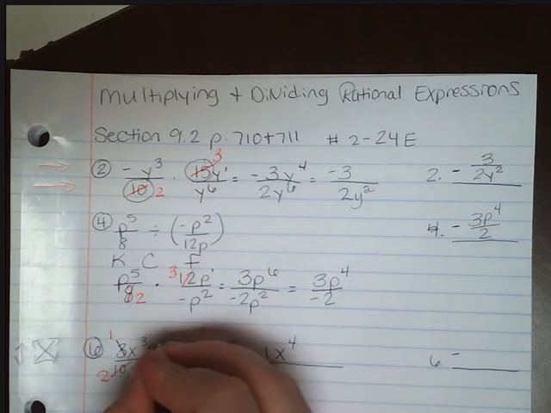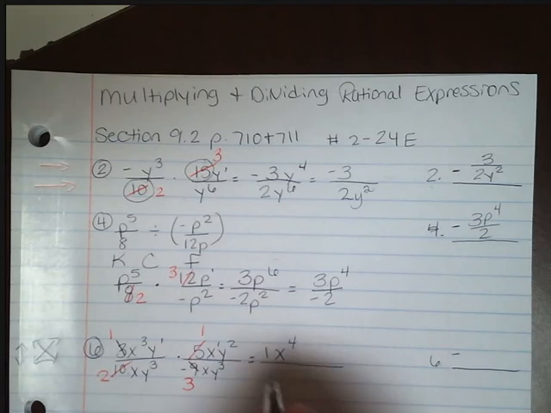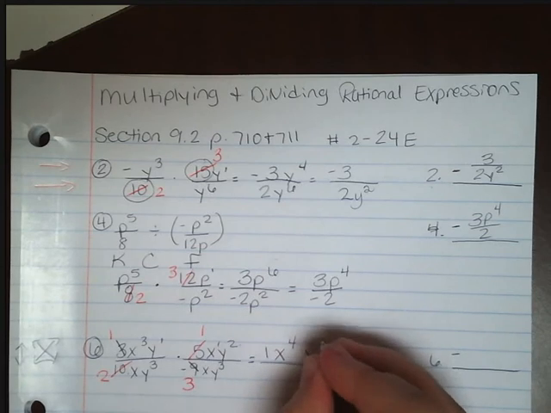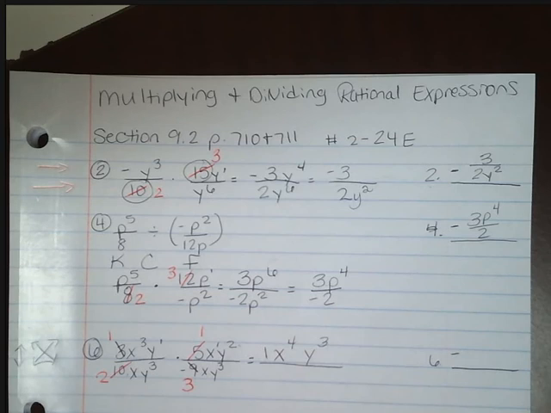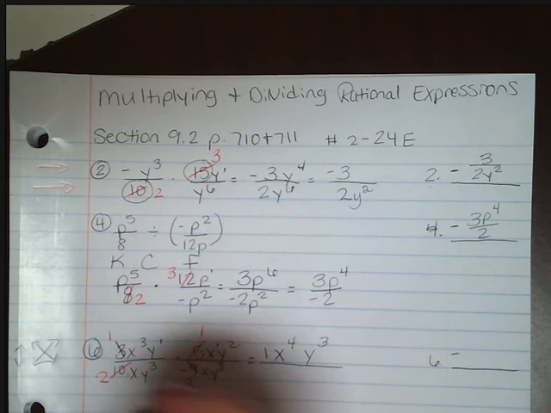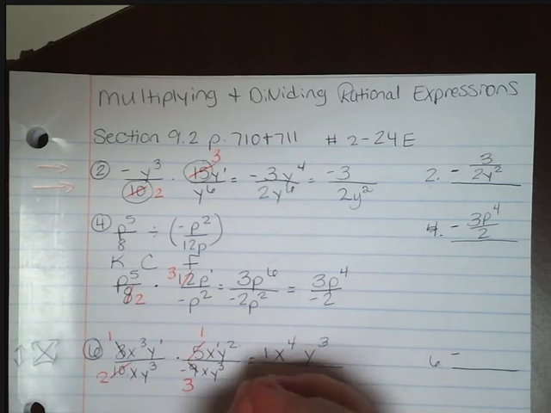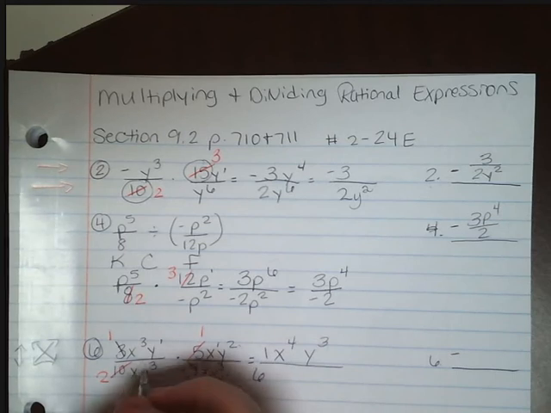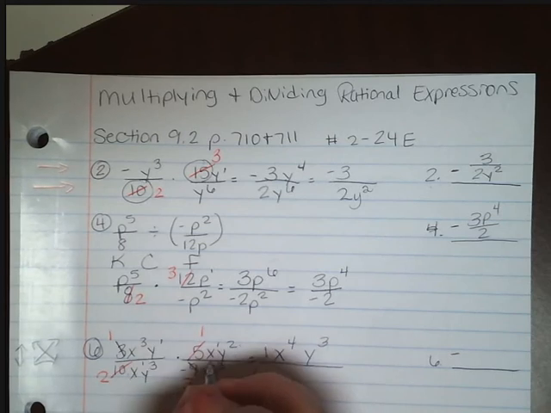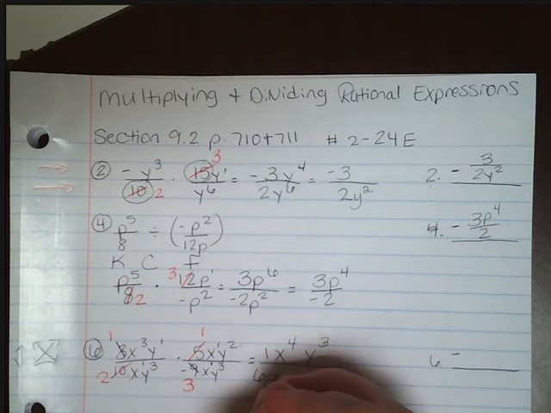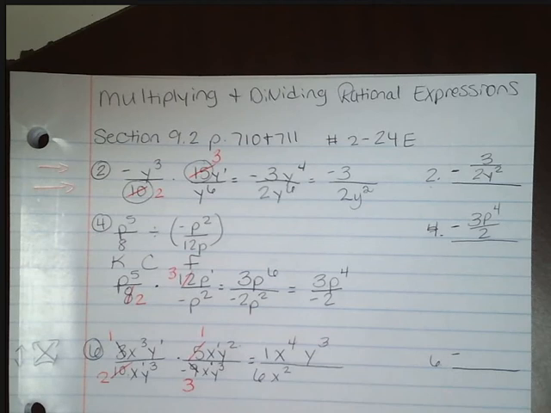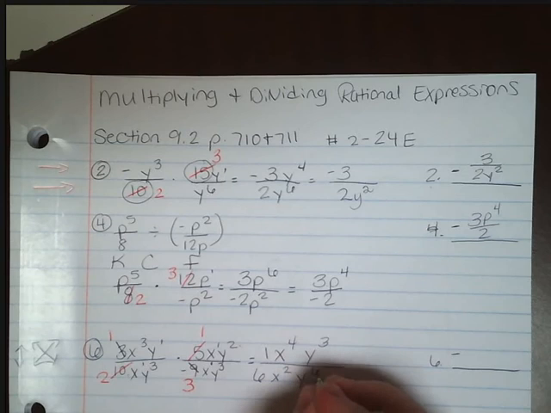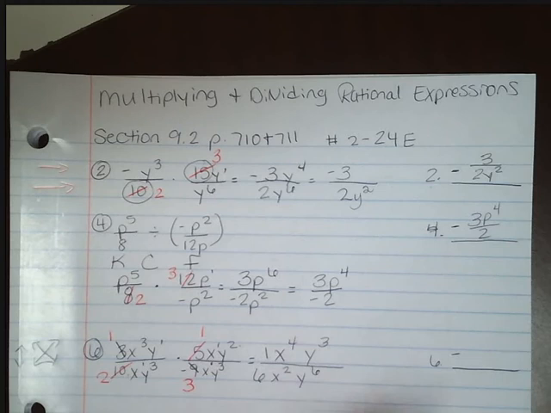Y to the 1st times y squared is y to the 3rd. Then 2 times 3 is 6. X to the 1st times x to the 1st is x squared. Y to the 3rd times y to the 3rd is y to the 6th. Remember, you're adding those exponents because you're multiplying their bases.